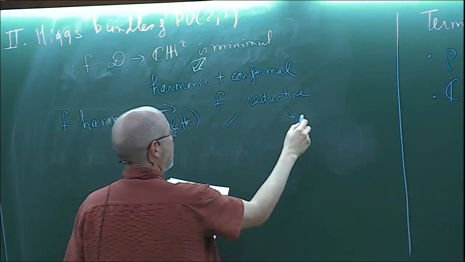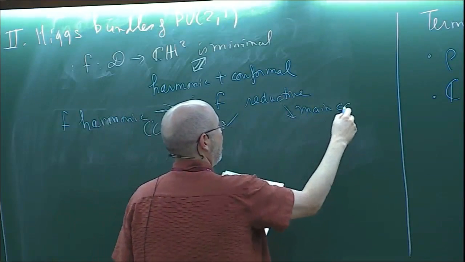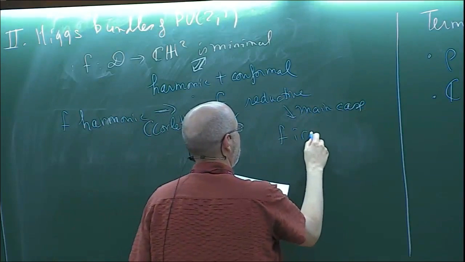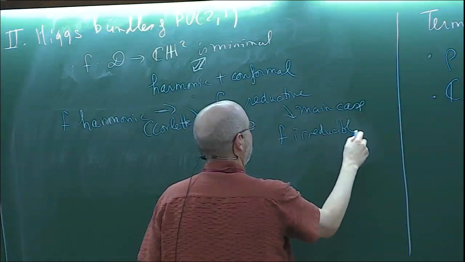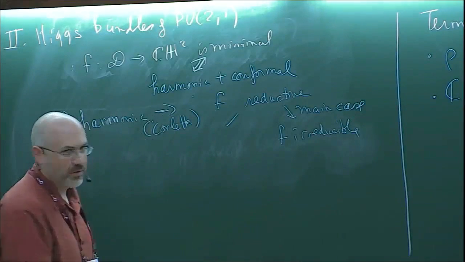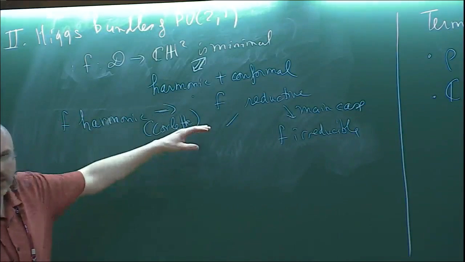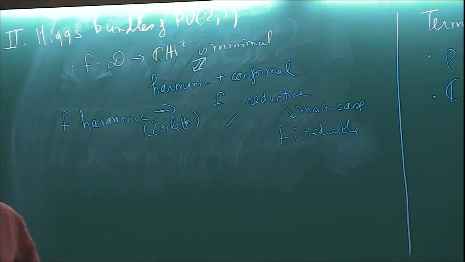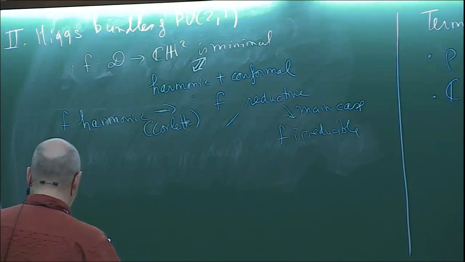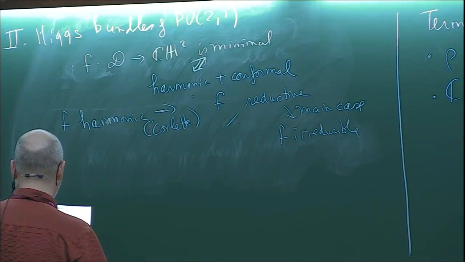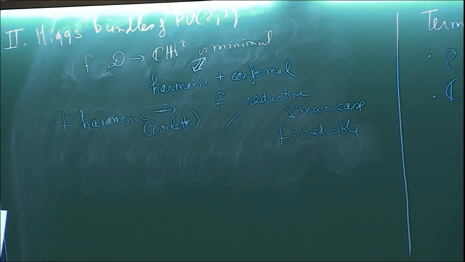And then there are 2 cases. The main case we're going to consider is that F is irreducible. And this other case we've already talked about, the strictly polystable case. That simplifies matters because you have an extra splitting, and that's quite strong if the bundle is only rank 3. Okay.